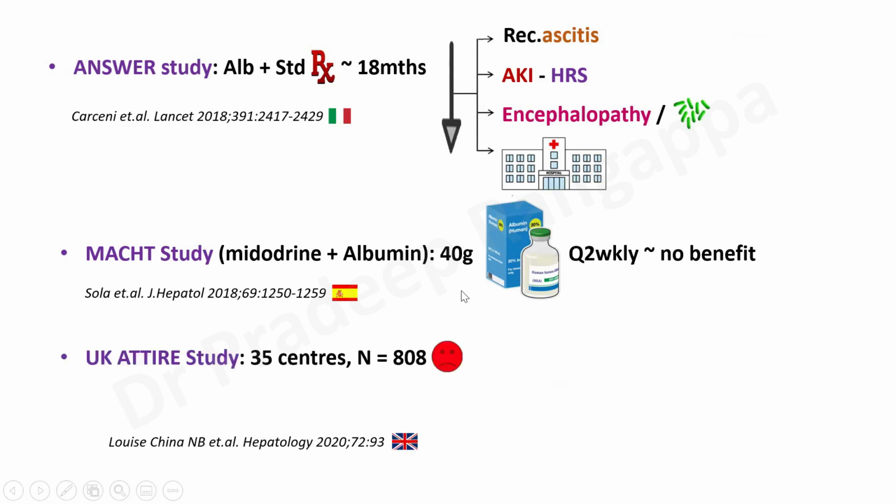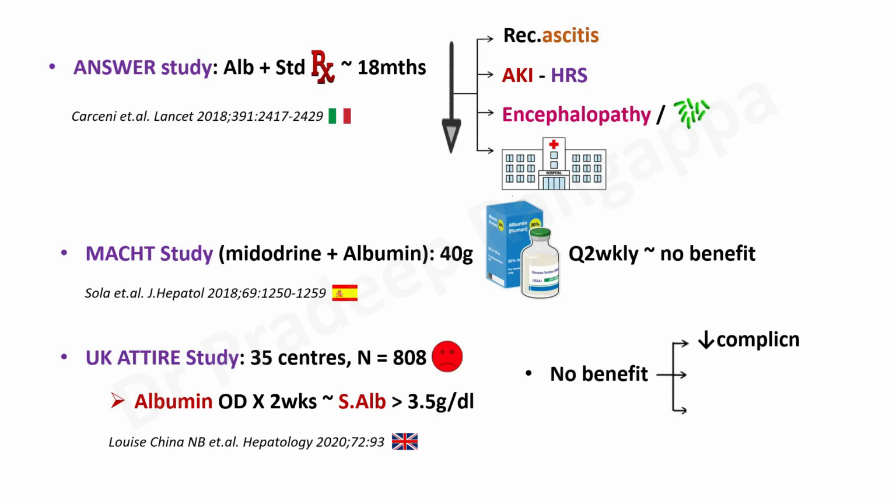Then this study came most recently in 2020, which debunked this whole thought process that long-term utilization of albumin will make any difference. This was a big UK study, the ATTIRE study, done in 35 centers, 808 patients. Here they used albumin once a day for 2 weeks to keep the target of albumin more than 3.5 grams per deciliter.